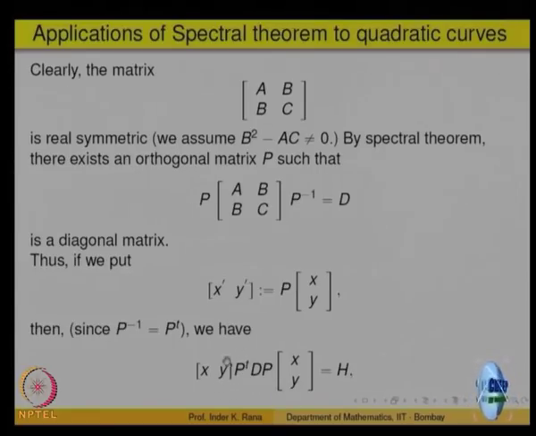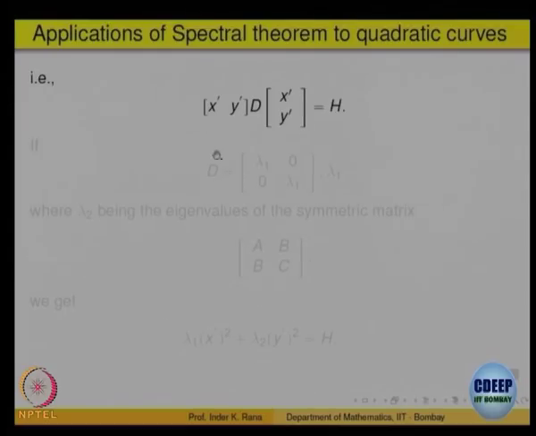So, what is this thing now? (x, y) P transpose is P applied to (x, y) transposed, then D, then P (x, y), equal to h. So, if I call this P (x, y) the new variable, that is what we have done, (x', y'), this is precisely equal to (x', y') D (x', y') transposed equal to h.